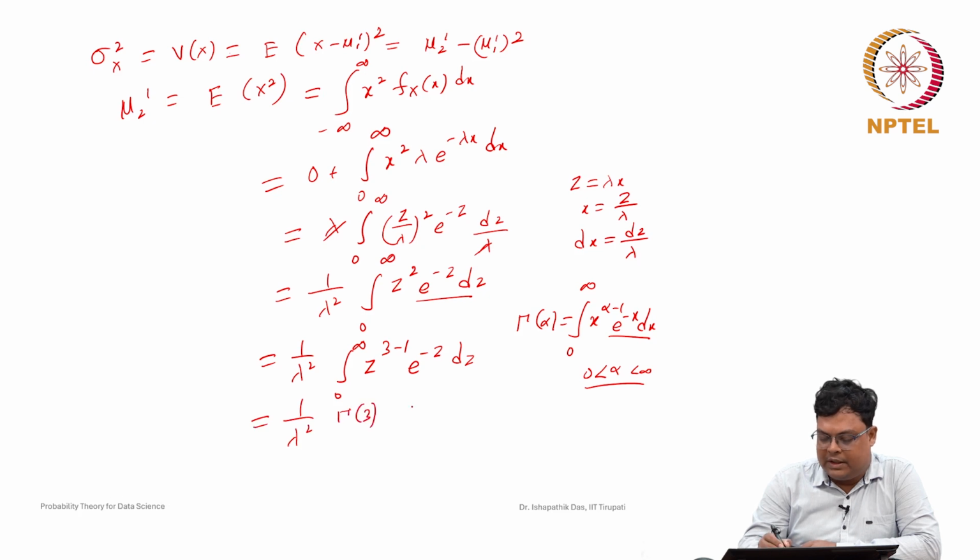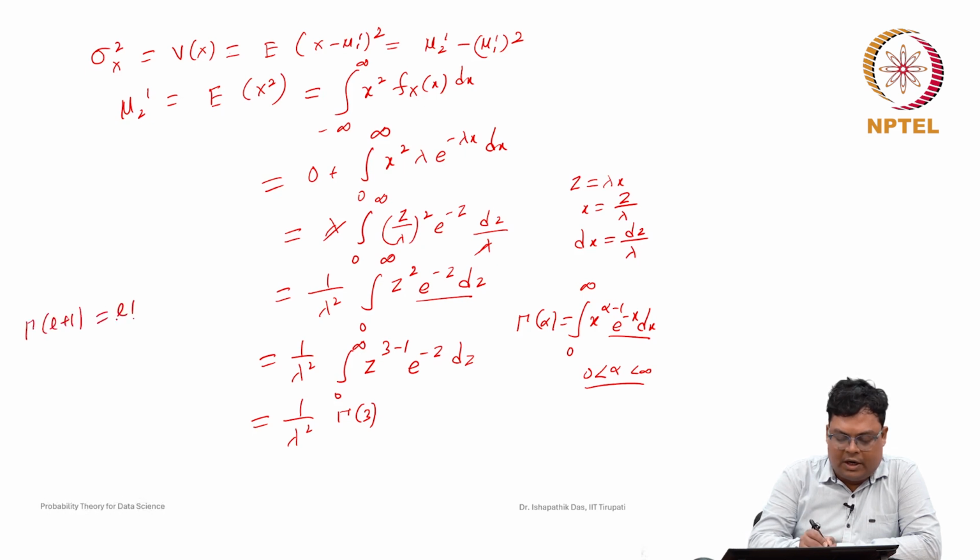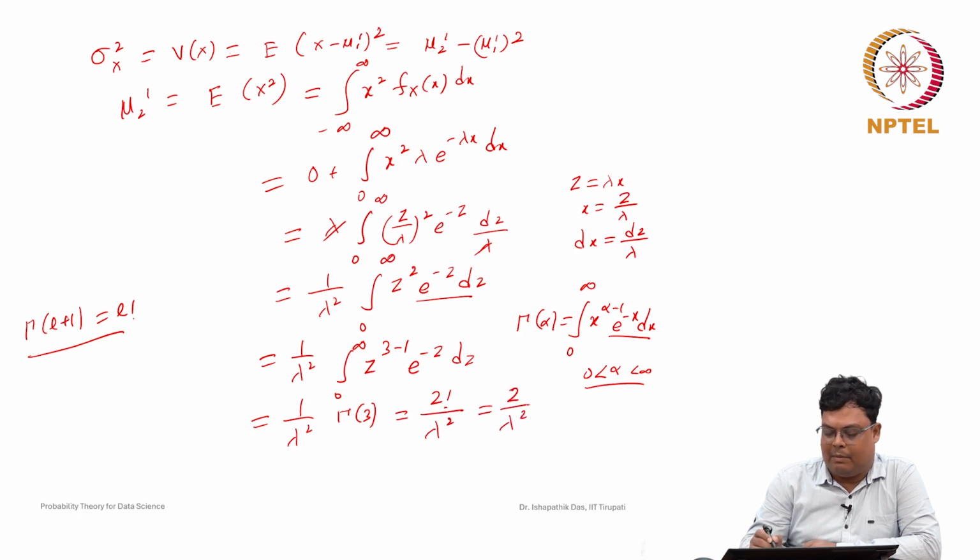Because 3 is an integer, as we have already discussed, gamma of L plus 1 is L factorial. So this is 2 factorial by lambda square, which is 2 by lambda square. So mu 2 dash is 2 by lambda square.